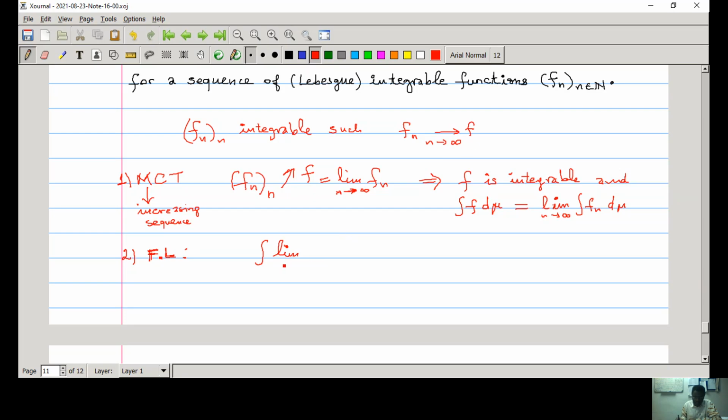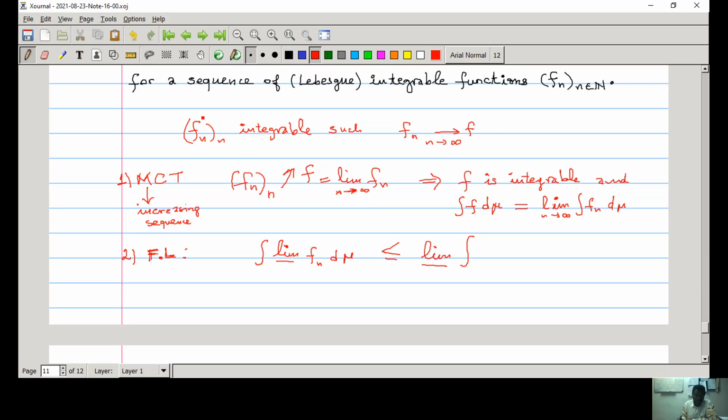In fact, it's the limit inferior, because if it converges to f, the limit inferior and the limit superior coincide. We know that for a converging function. So the best we can say here is that this will be less than or equal to the limit inferior of this integral.